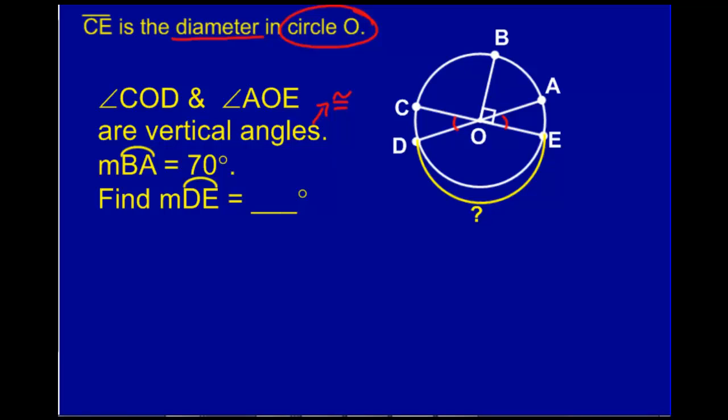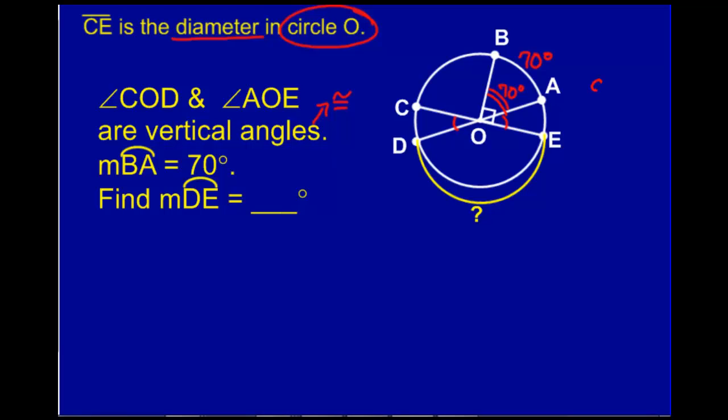So we got a couple diameters there. The measure of arc BA is 70 degrees. So this angle here, BOA, is also going to be 70 degrees. Now we see our right angle marking here, and what we should recognize is, okay, those two together are 90.